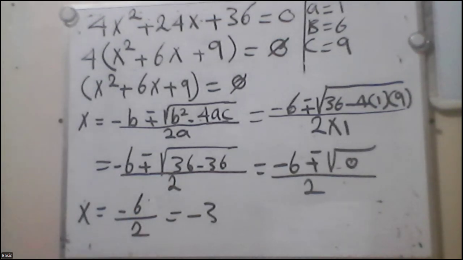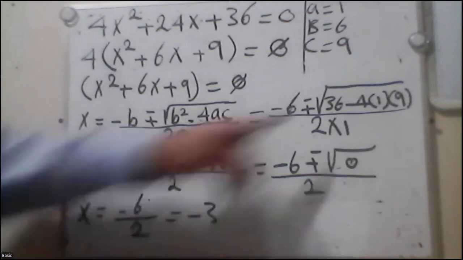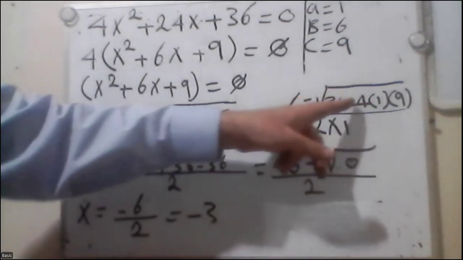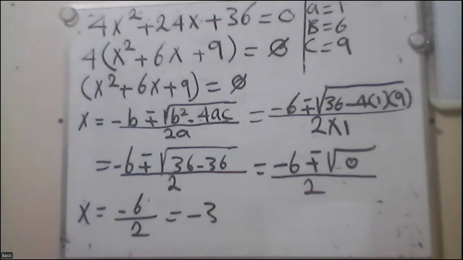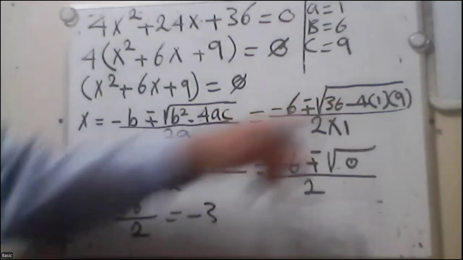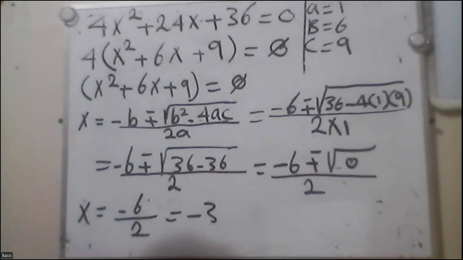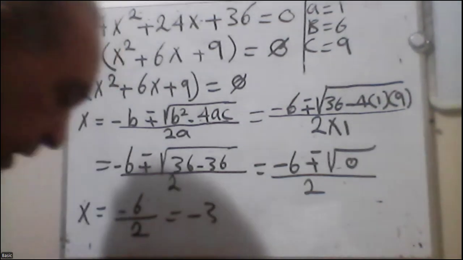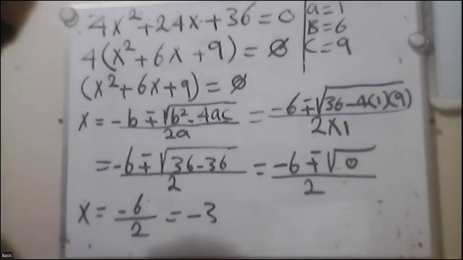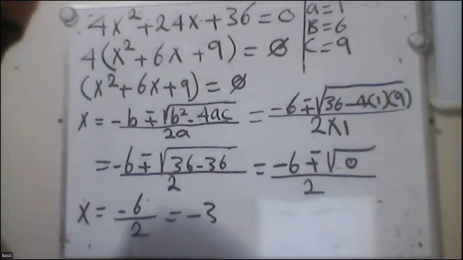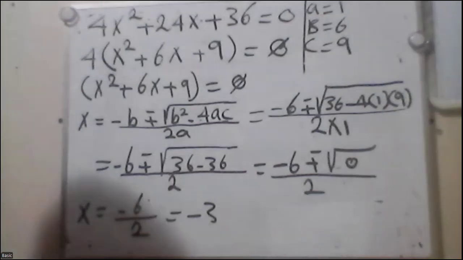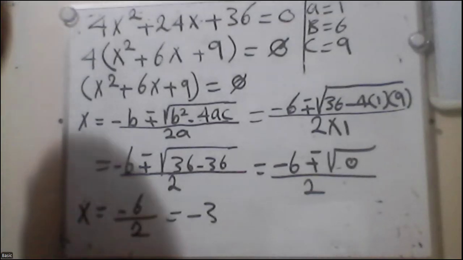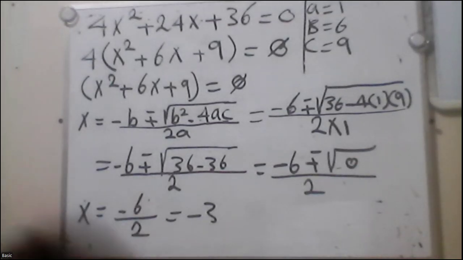If this amount under the root was negative, then we say there is no solution. We are done with this example, but I just want to put it for you in a figure.